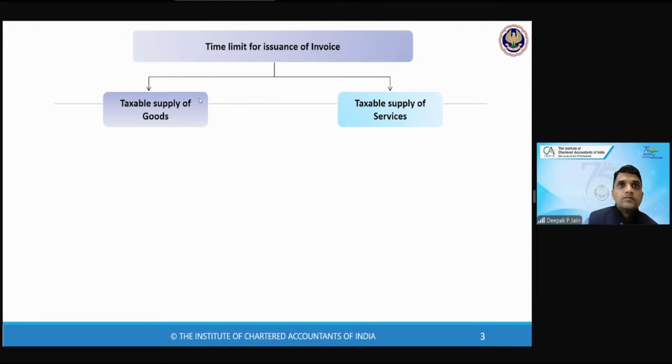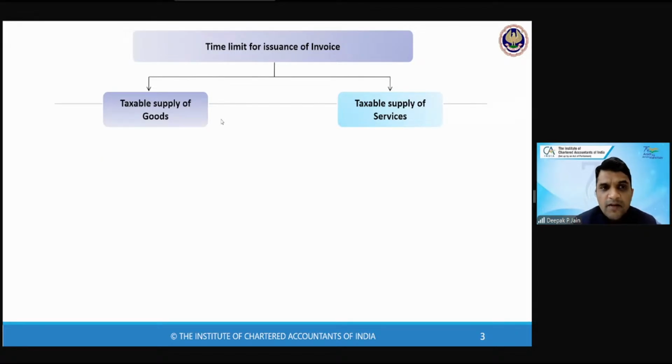Now, any more doubts? Okay. We were discussing the aspect of time of supply. When should you raise an invoice? There is a different time limit for issuance of an invoice in case of taxable supply of goods, and different guidelines for deciding time of supply for taxable supply of services.